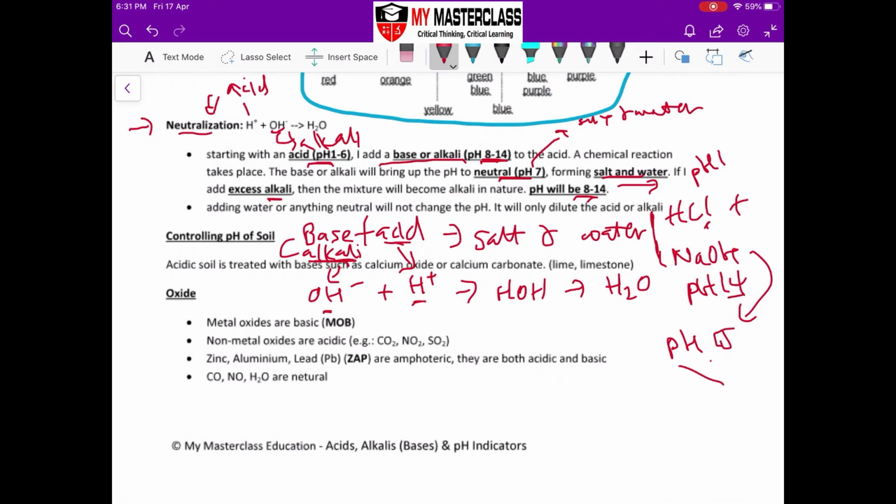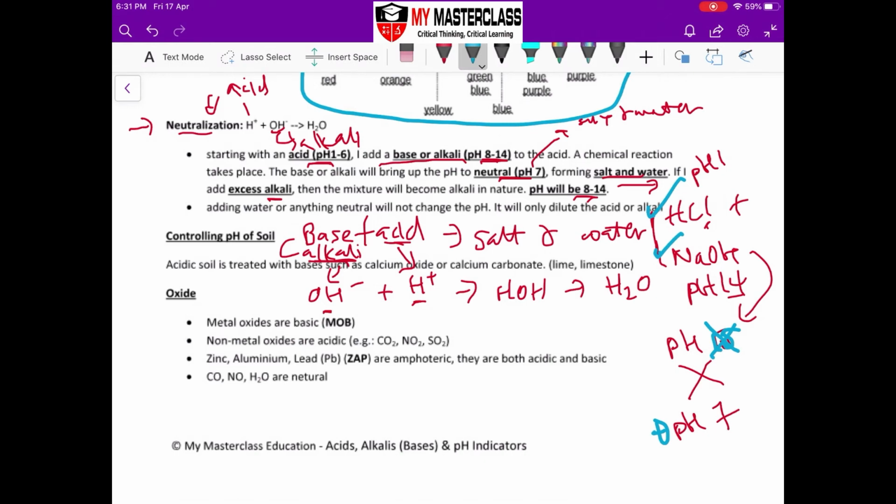The answer is no. Your pH will be 7, if I add the correct amount of acid and the correct amount of alkali. I will get pH 7, which is your salt and water. It will never be pH 15, because pH values are not a summation.